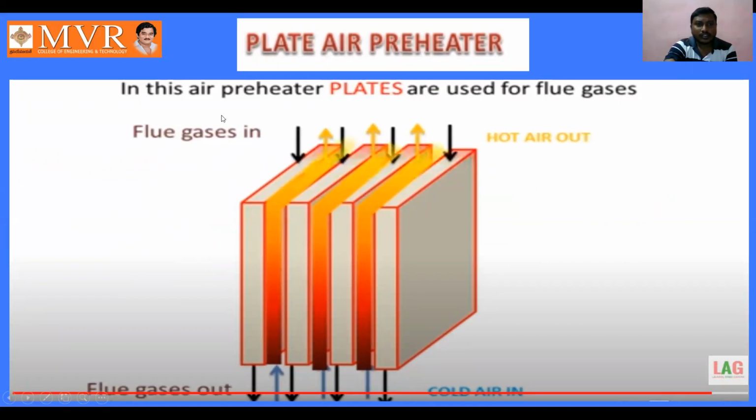In this air preheater, plates are used for flue gases. The flue gases enter into these plates and exit here, and we get the hot air outside.